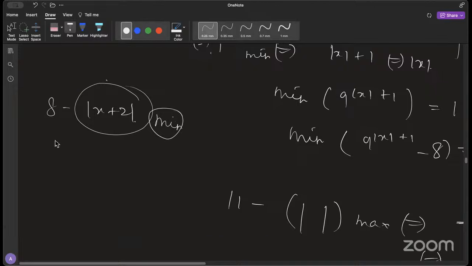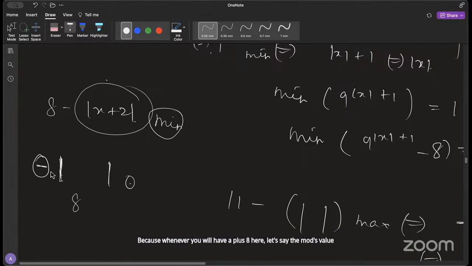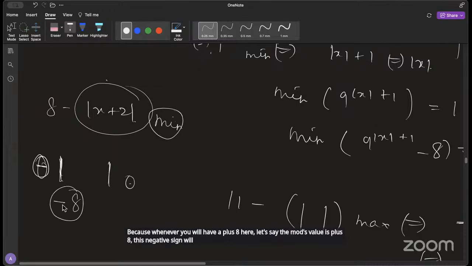How will we find the maximum then? Because when x is minus 2, the mod is 0, and the maximum the mod part can take is 0. Because whenever the mod's value is, let's say, plus 8, this negative sign will instantly make it minus 8. So you're never getting a positive value here.